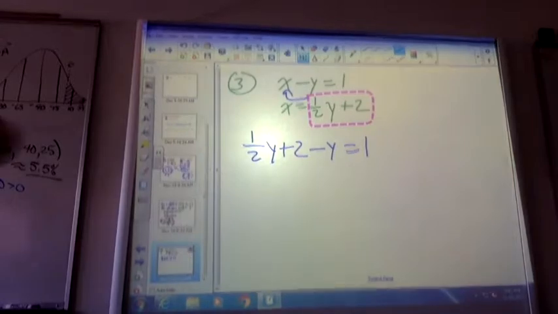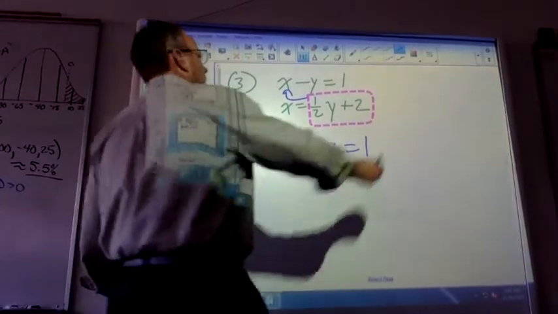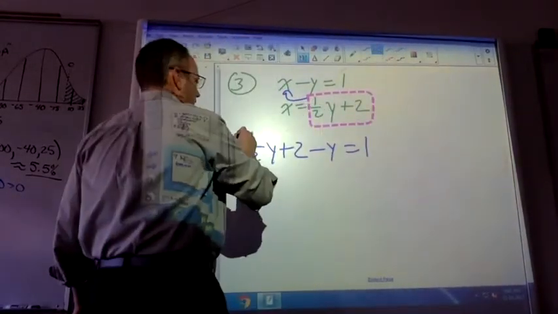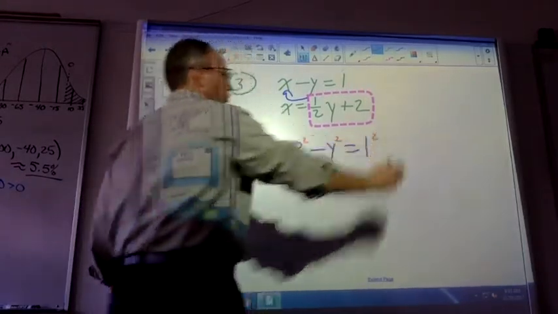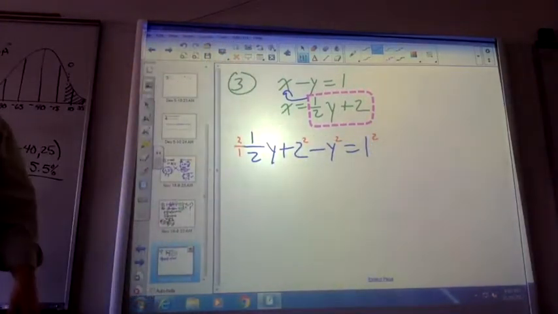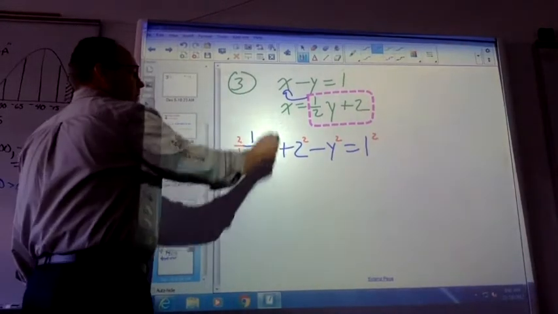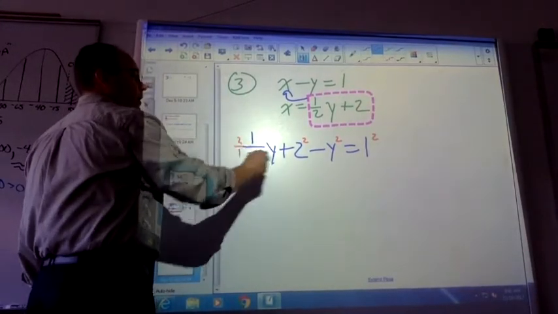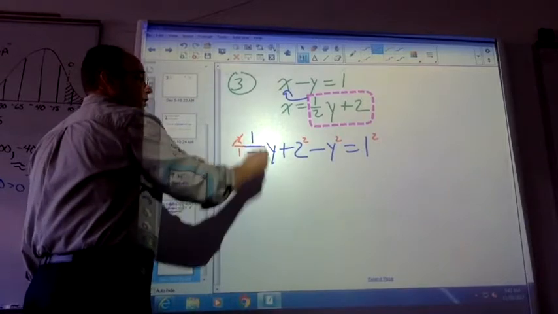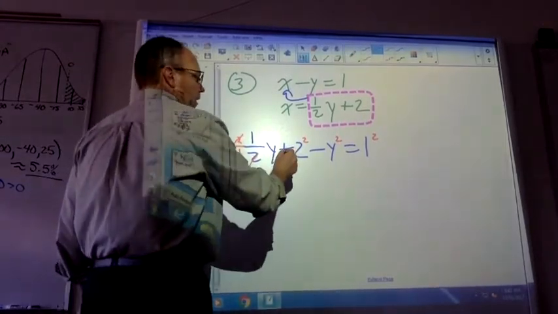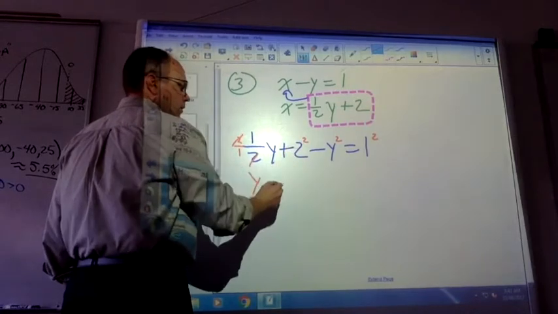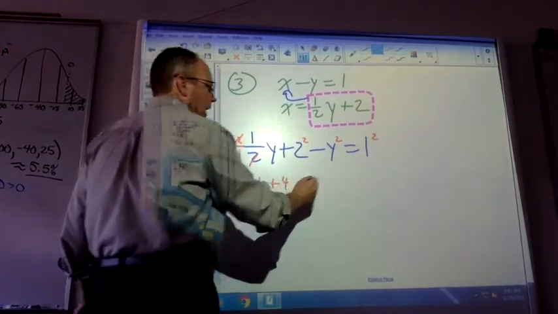But fractions aren't our best friend. So if I multiply each of these, I'm just going to clear the fraction. Is 2 and 2 over 1 the same thing? Okay. What happens right here? They cancel. Yeah. So I can just get 1y, which is y. And then this becomes what? 4. Minus, what does this become?